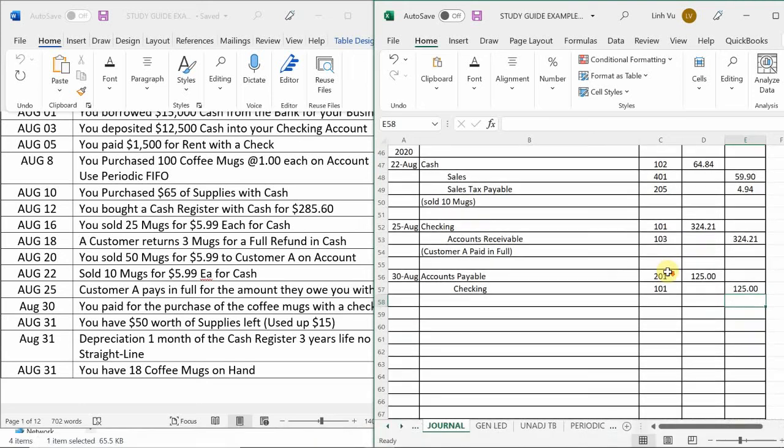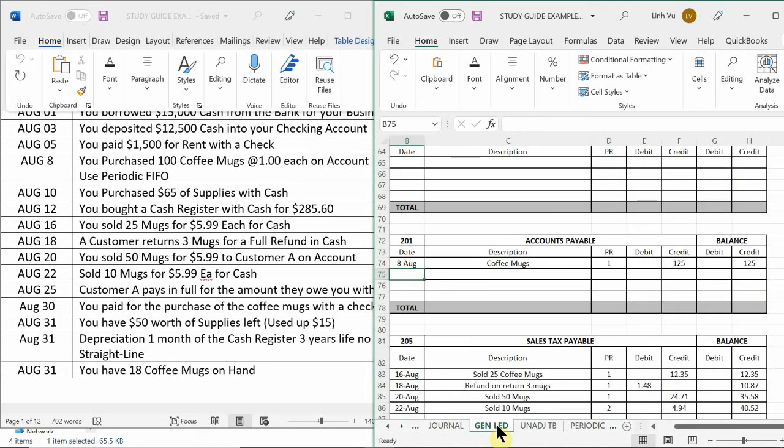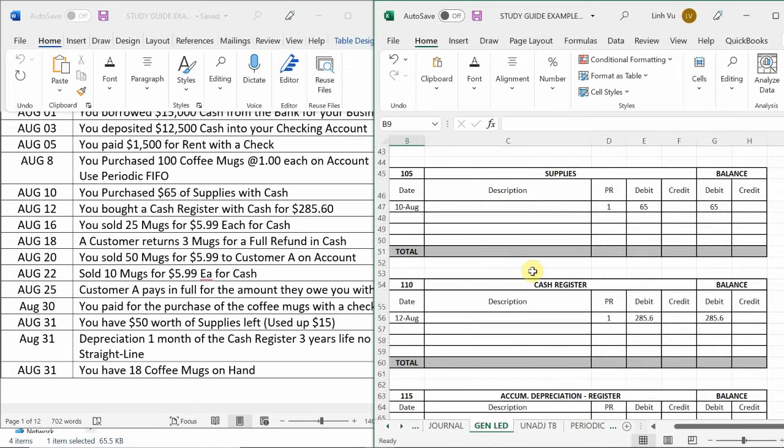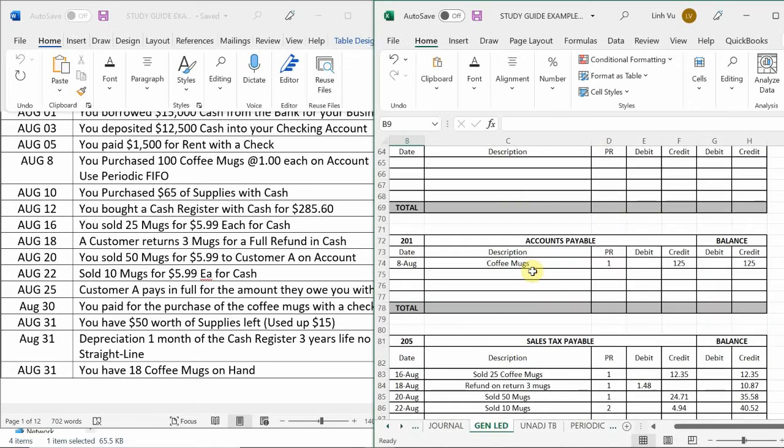Okay. So let's go ahead and plug those numbers in. So general ledger, checking, and accounts payable. Let me go to accounts payable first. It is now August 30th.